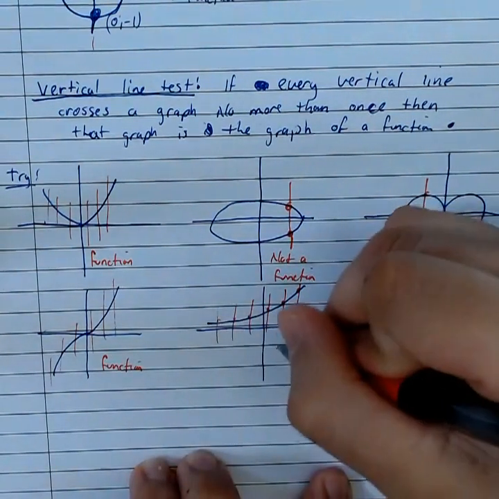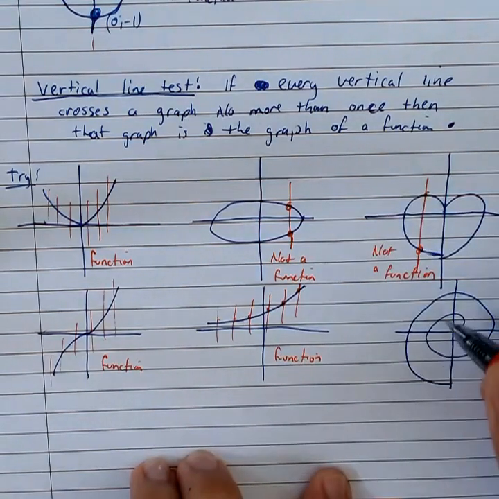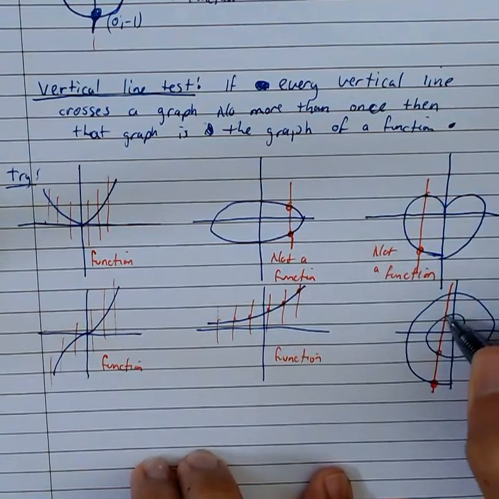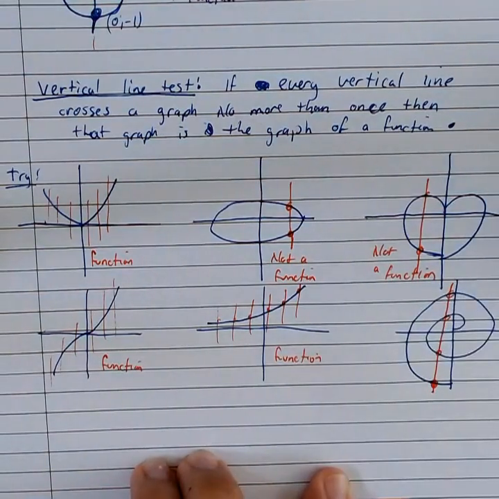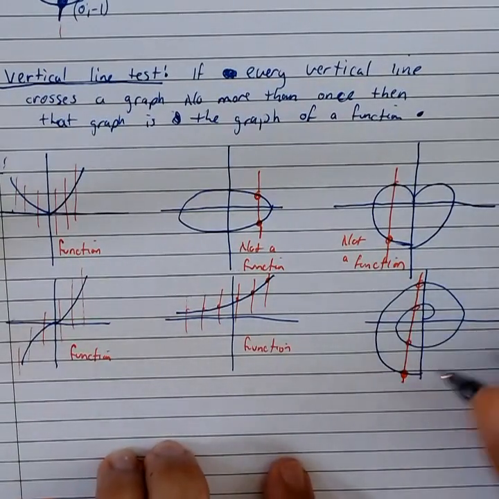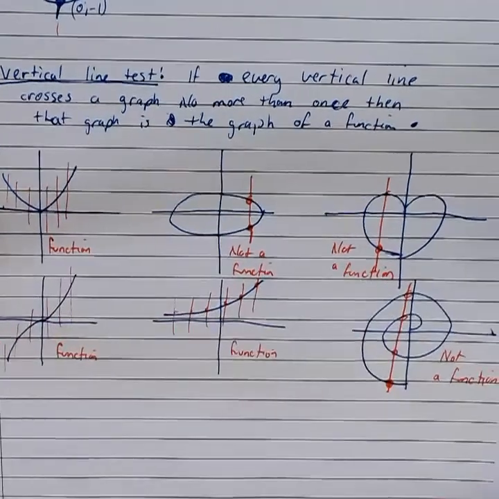So this one is still a function. But the spiral, I notice, I have this line right here that crosses 1, 2, 3, 4 times. So that's a lot of different points that have the same x value. So this one's definitely not a function. Okay, just like that.